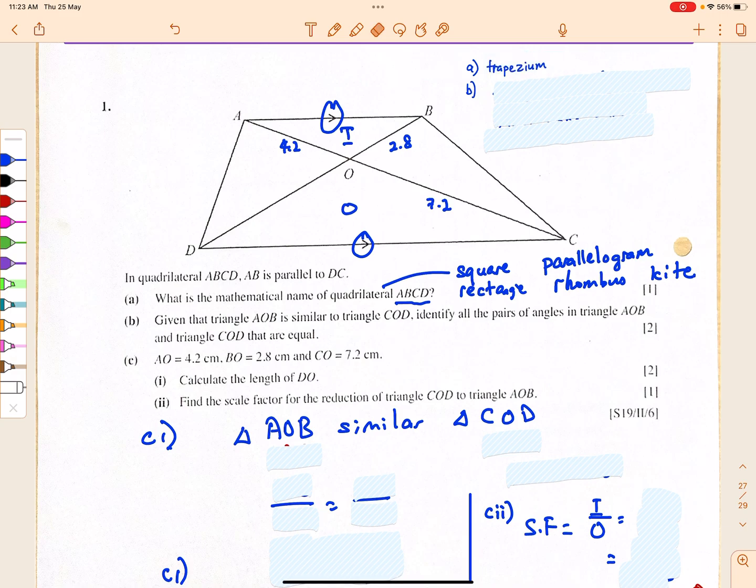Now for part B, they say that these two triangles are similar. So let me try and highlight the triangles. Triangle AOB is similar to triangle COD. So these two triangles are similar. And for these two similar triangles, what they want is for you to list out all the angles that are the same.